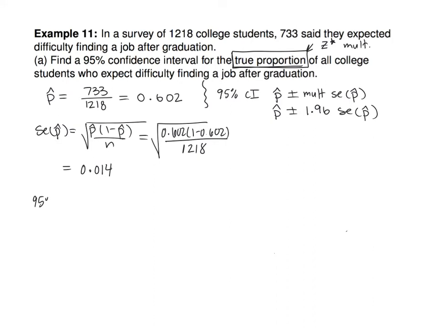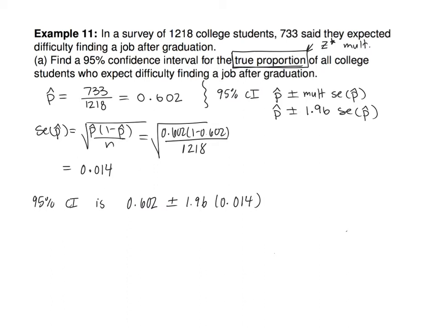So then our 95% confidence interval is 0.602 plus or minus 1.96 times 0.014.